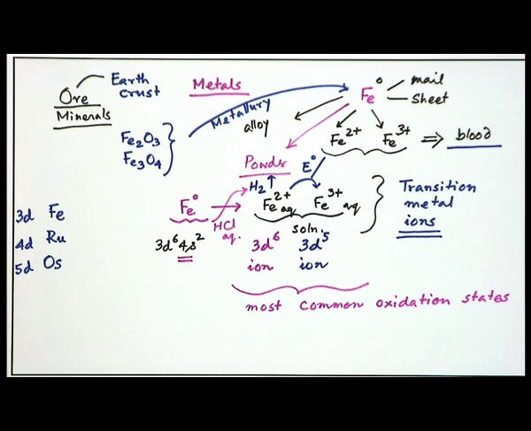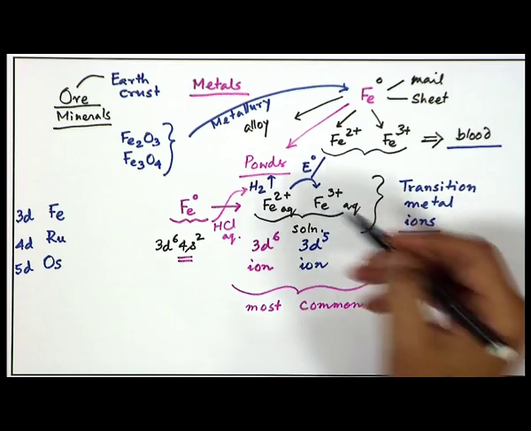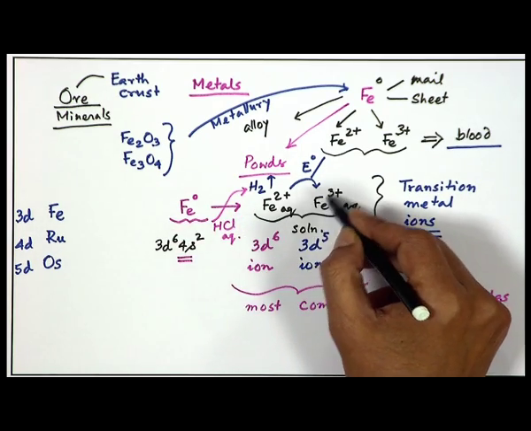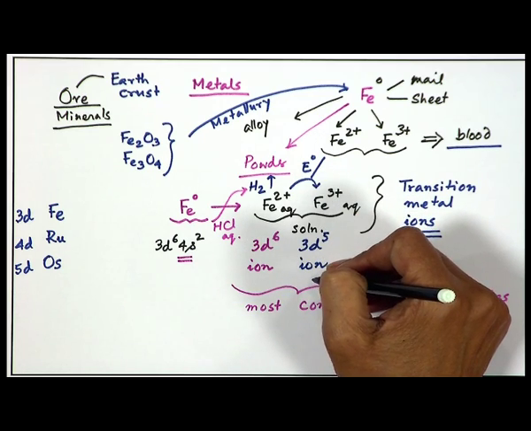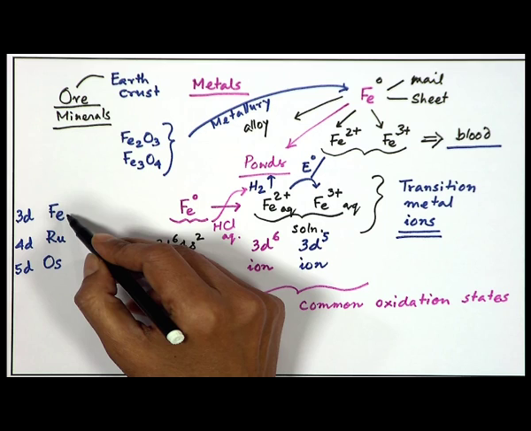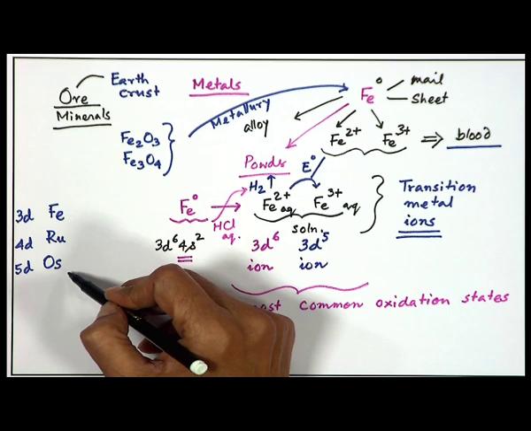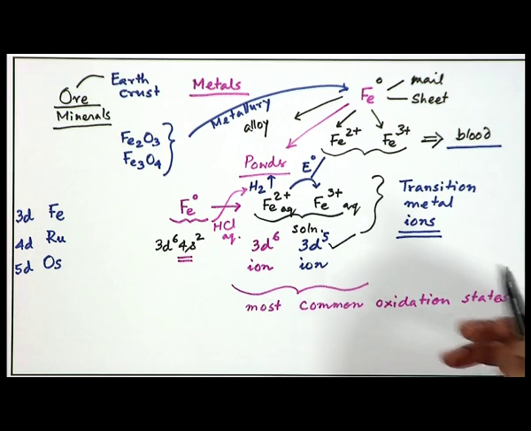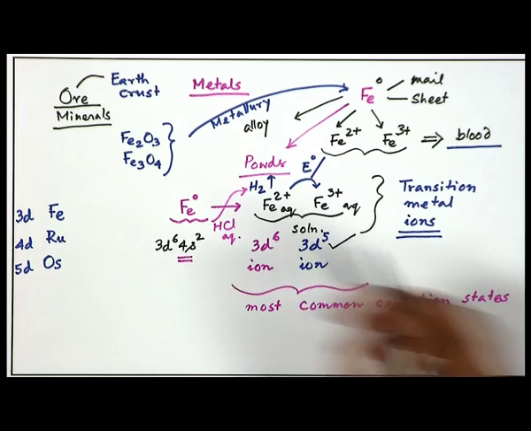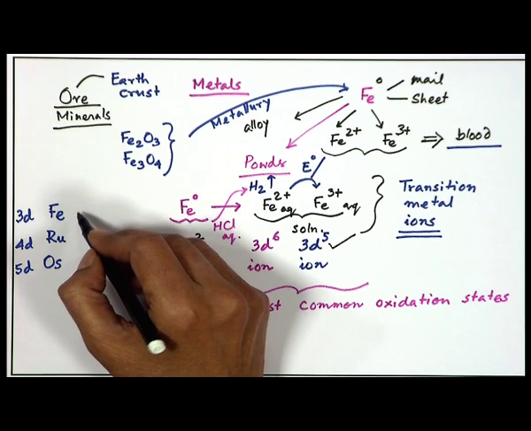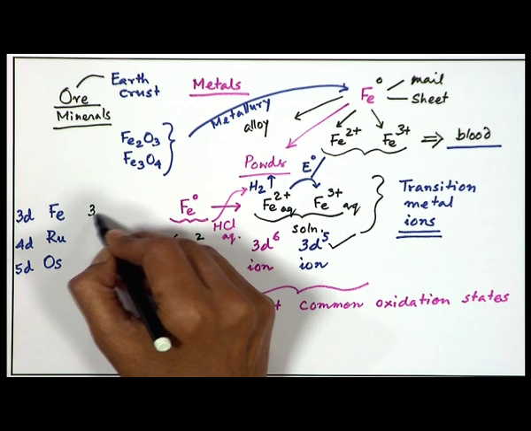If we consider the trivalent state for iron, ruthenium and osmium, this is the electronic configuration, which is 3d5 for iron. So, iron 3 plus will be 3d5.